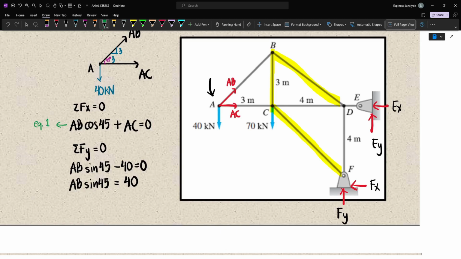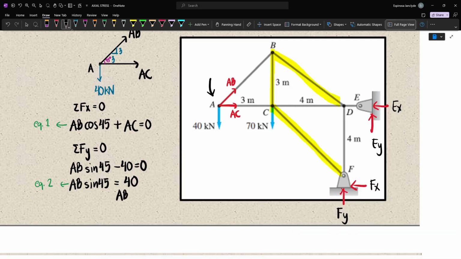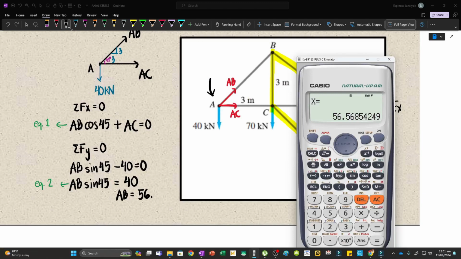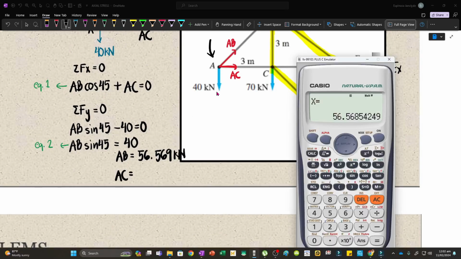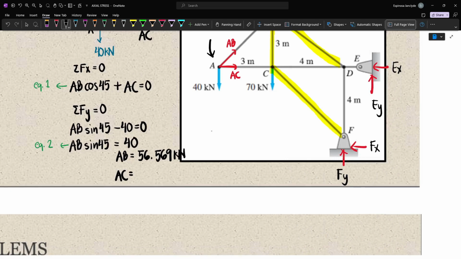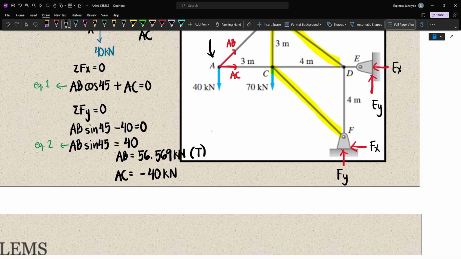Using our calculators, we can treat these as equation 1 and equation 2, and solving that simultaneously, we have this one. Our AB will be 56.569, and our AC will be 40. AB is in tension, and AC is in compression, because we are considering the signs. Again, positive corresponds to tension, and negative corresponds to compression.